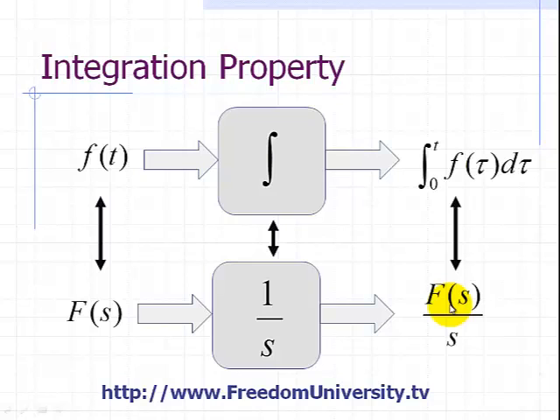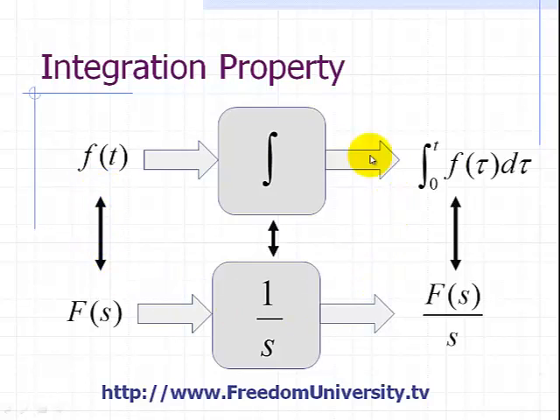So the output is simply, in the Laplace domain, F of s divided by s. So you could see here, this in the Laplace domain is just an algebraic approach corresponding to the time domain approach of using calculus techniques.